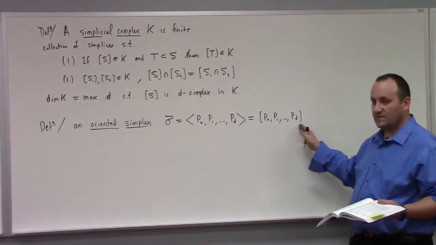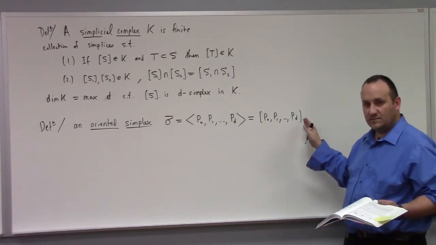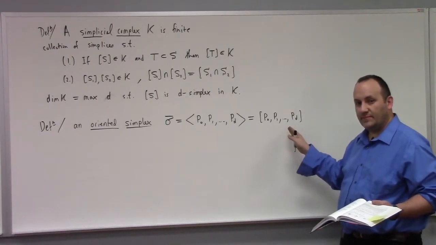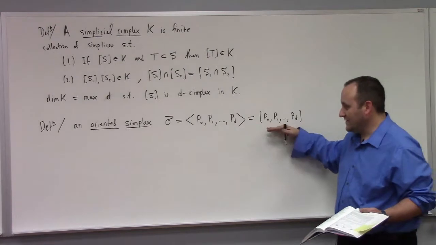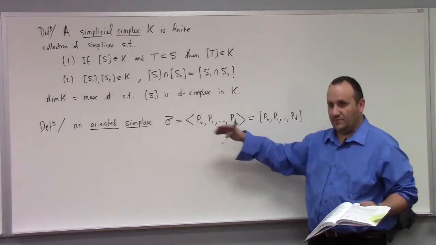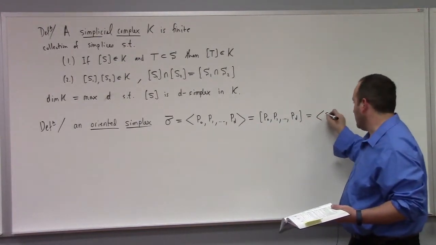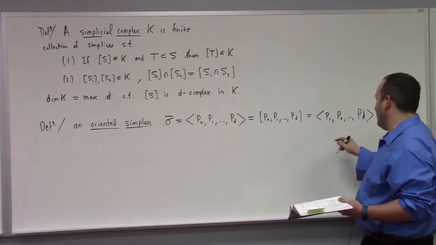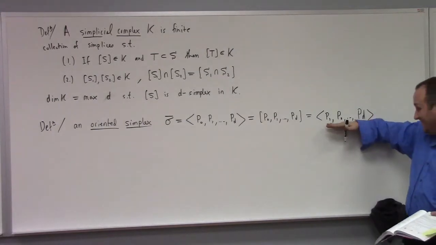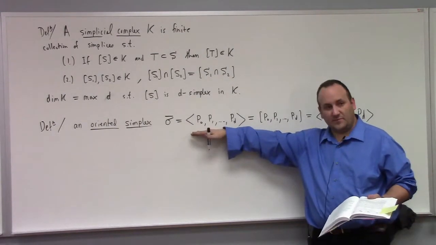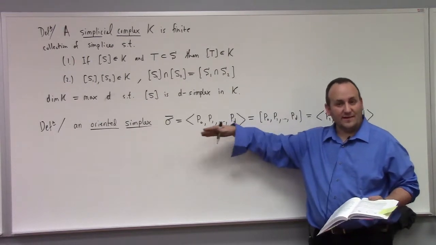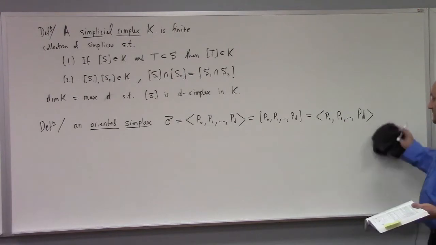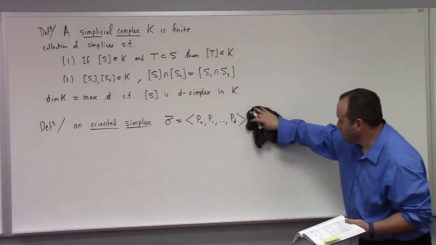This is the simplex, possibly unoriented, with these as vertices. As a set of points, this is the same as that, and I could just as well do this. But I would not, as oriented simplices, say that this and that were the same. They're not the same as oriented simplices, but they are the same as a set of points in Rn, forgetting about the orientation momentarily. Let me erase that.